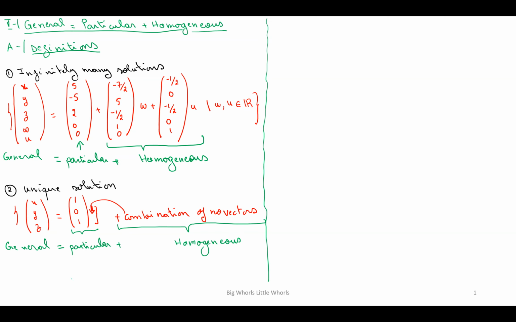Now when it comes to the third one, the empty set, before we do it, let me give you a quick note. By convention, the sum of an empty set of vectors is the 0 vector.